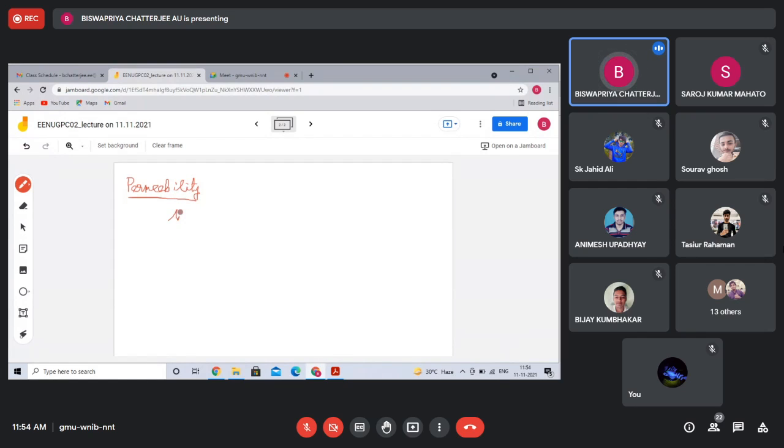It is represented by mu. Similarly, it also has two terms, mu naught and mu r. Mu naught is called absolute permeability.